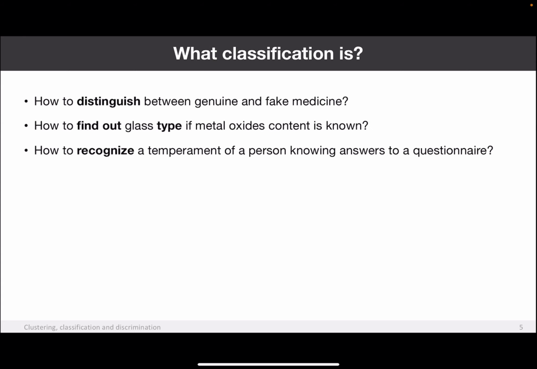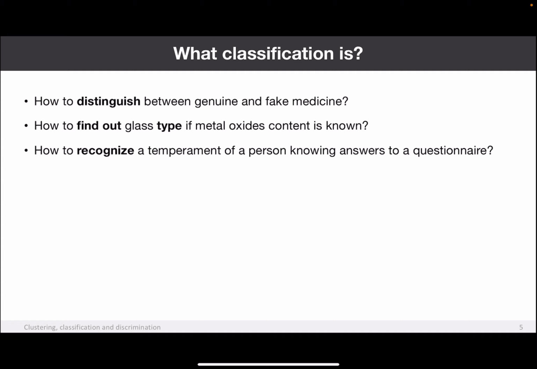Okay. So let's start with a very simple thing, what actually classification is. There are many different definitions you can find also on the internet, but one of the definitions, which is probably not very straightforward, is that classification allows you to get answers to the questions that you see on this slide.